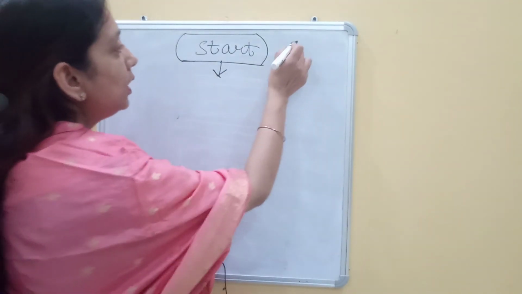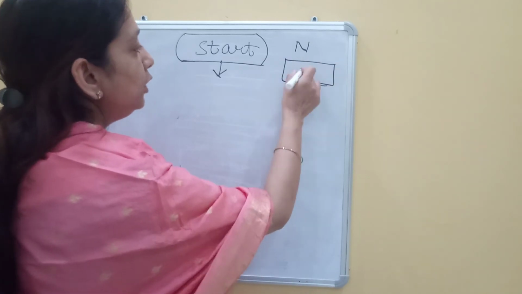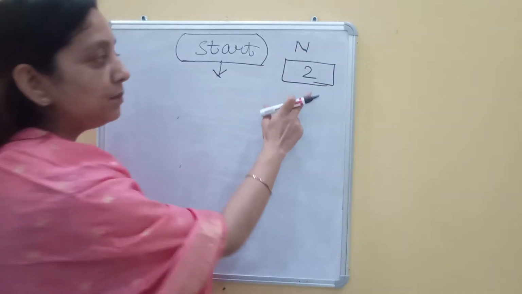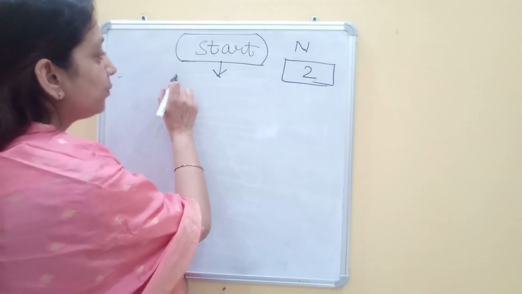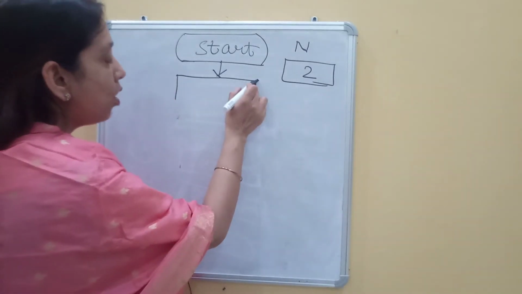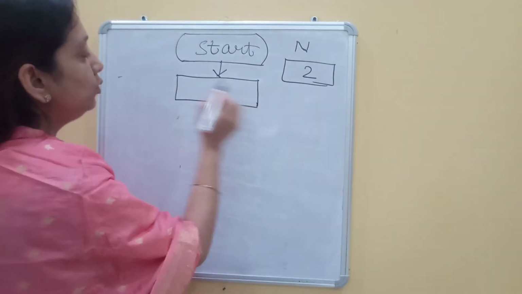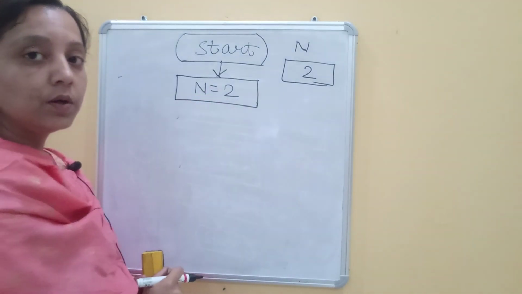So I assign this first even number the value 2 and the name of the variable which is storing this value 2 is called n. Clear till here? Okay, so I do not need the input box over here. I will use the processing box which says n equals 2.